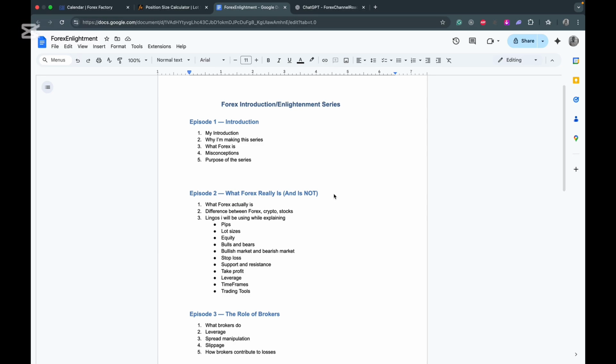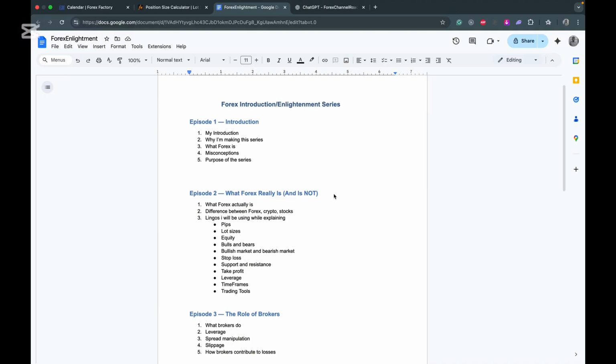When you are using a mini lot size, which is 0.1 and above, that means you are buying or selling 10,000 units of that particular instrument. And when you are using a standard lot size, that is 1 and above, that means you are buying or selling 100,000 units of that particular instrument.